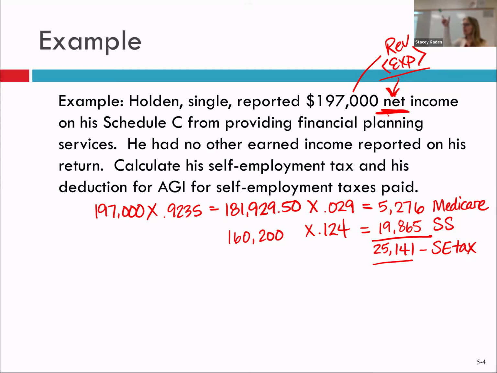Yeah, so you calculate your income tax liability, and then you're going to add that to it as well, and then subtract credits and prepayments. So that is how self-employed individuals pay and calculate essentially their payroll taxes.